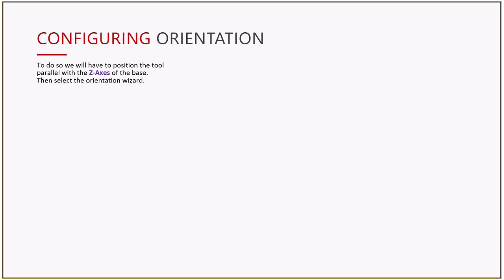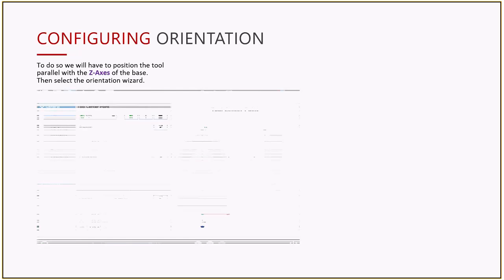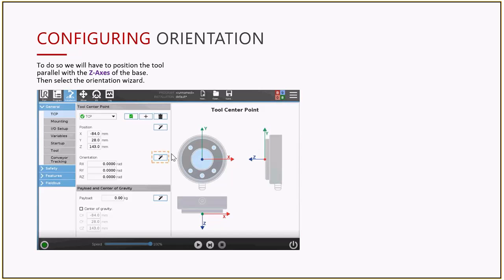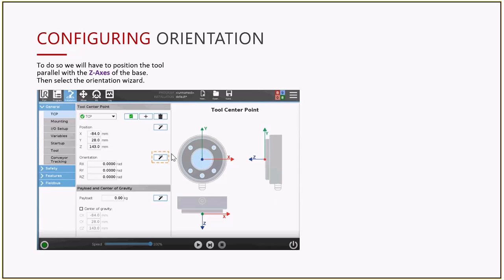To do so, you will have to position the tool parallel with the z-axis of the base, and then select the wizard orientation. I kind of jumped over one, but I will have a picture of the z-axis with the base in a minute too for you to see.